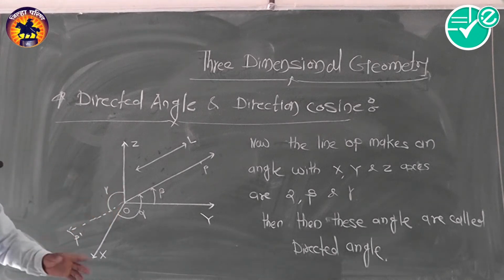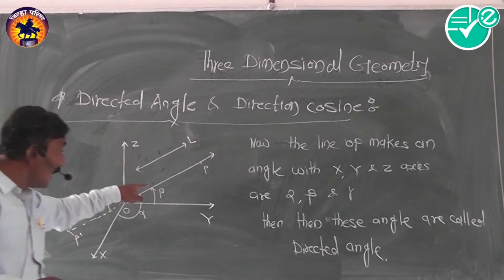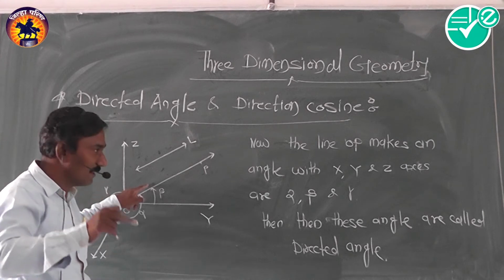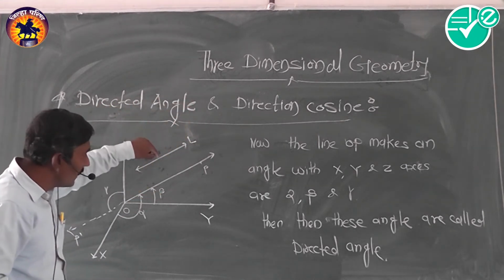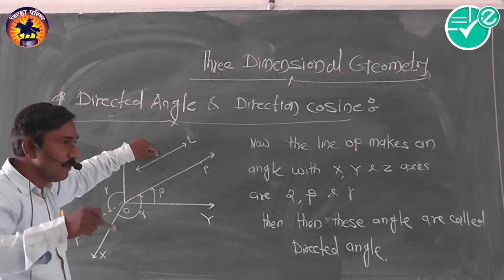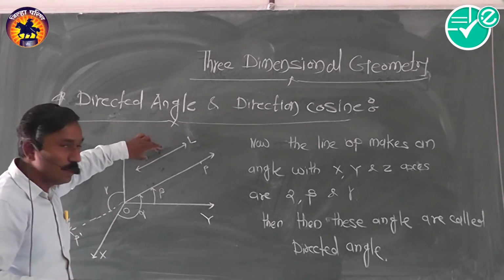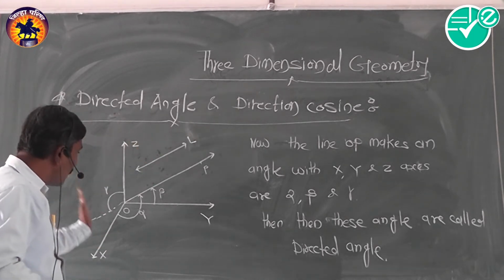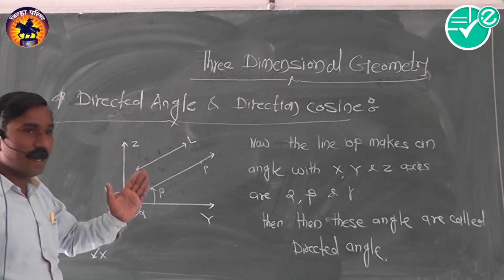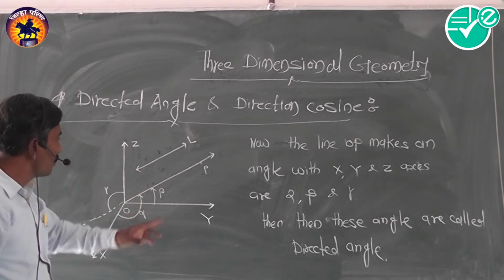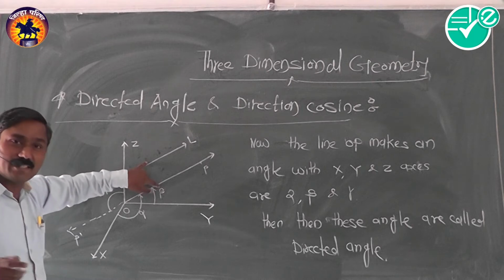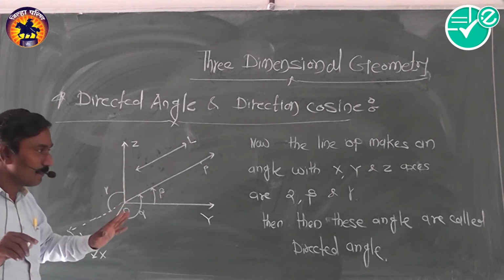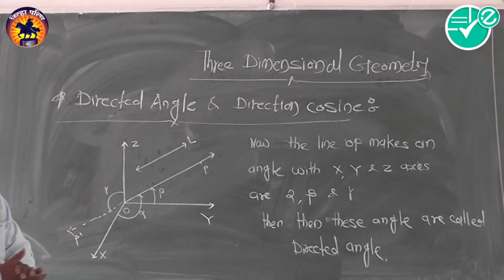So alpha, beta, gamma, the angles made by the line, are called directed angles. Why? Because the two lines are parallel. Okay, so this is the directed angle.